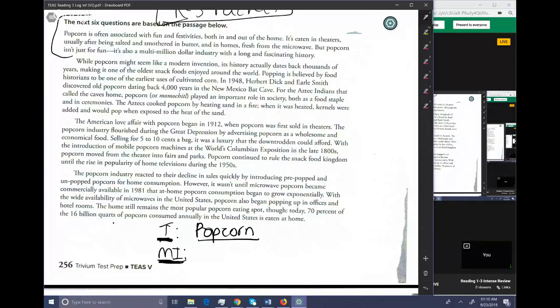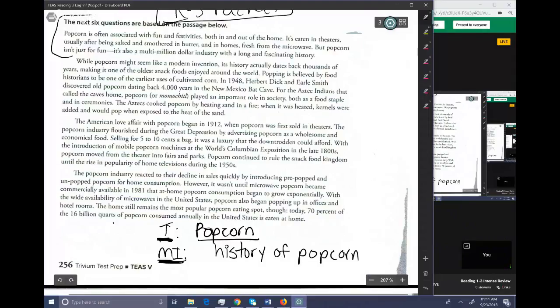When we first started the main idea here, most likely what you said was something like history of popcorn. And again, there's multiple ways you could have built this, especially if you started somewhere and then you added. I started with history of popcorn.